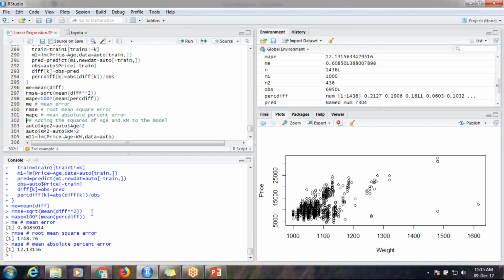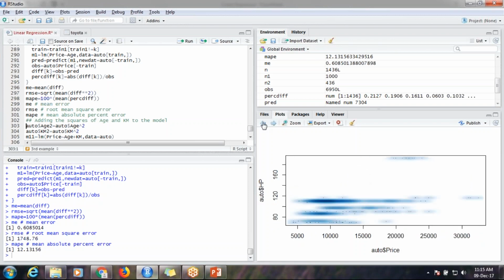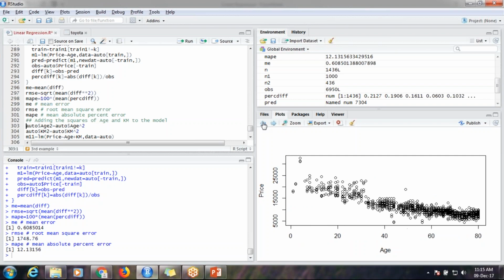So here what I'm doing is, it could be possible that the variation is not a linear one. It could be a non-linear one. As you can see earlier, see here the variance, it could be possible that it is a non-linear one.